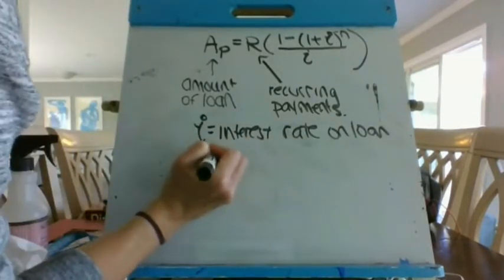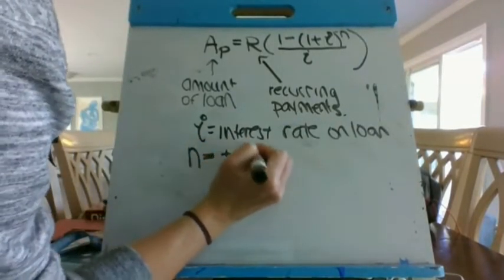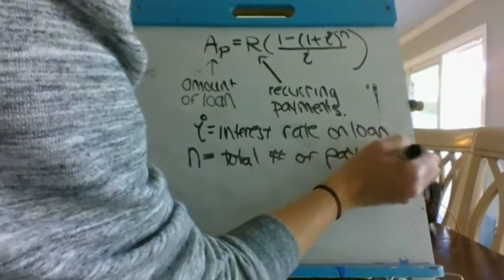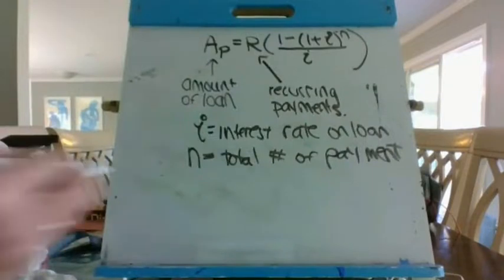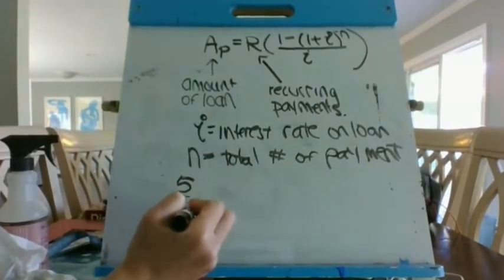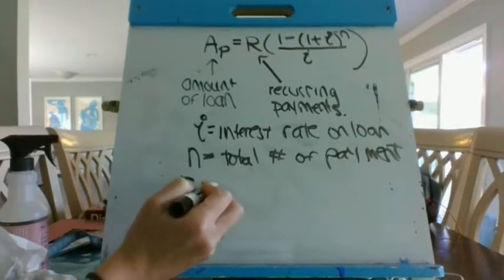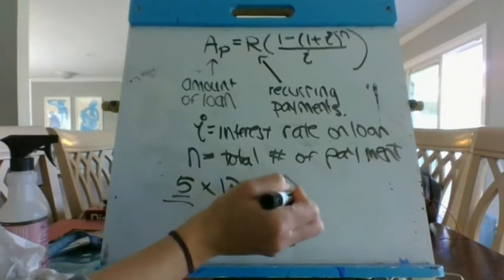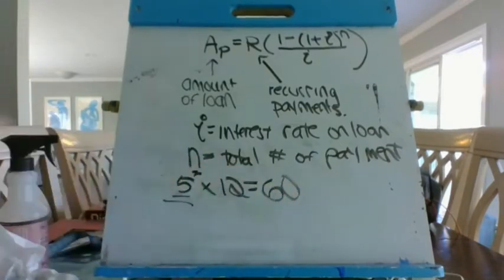And N is the total number of payments. So if you have a car that you're financing over 5 years, say, you would have monthly payments, so you would have 60 total payments that would represent your N.